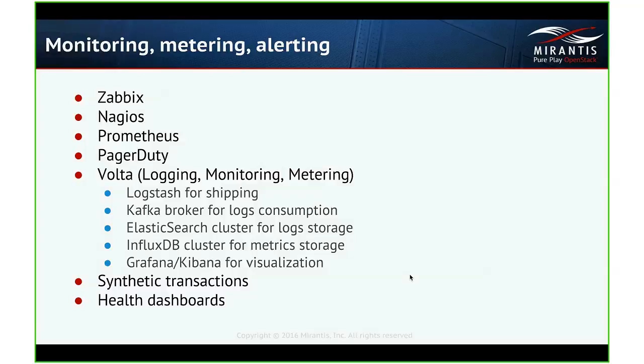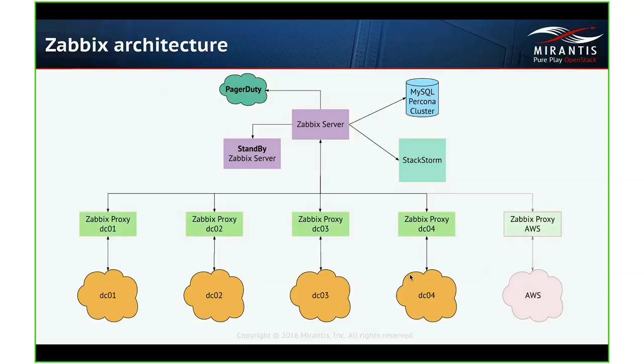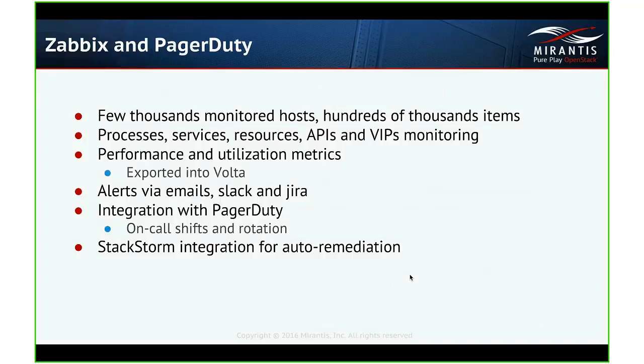And since Zabbix is our main monitoring tool, here's how its architecture looks. Basically every data center is managed by a standalone Zabbix proxy. It's very standard stuff. So Zabbix now has a few thousand monitored hosts and hundreds of thousands of items.